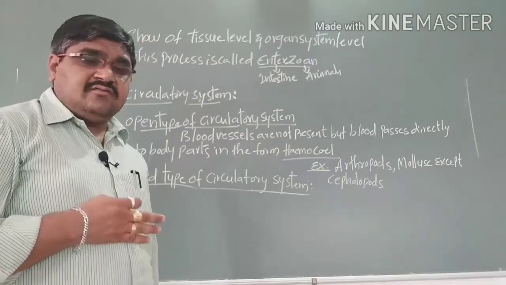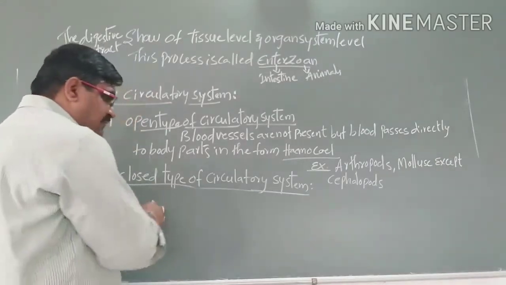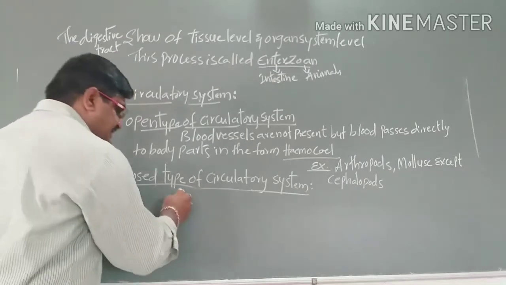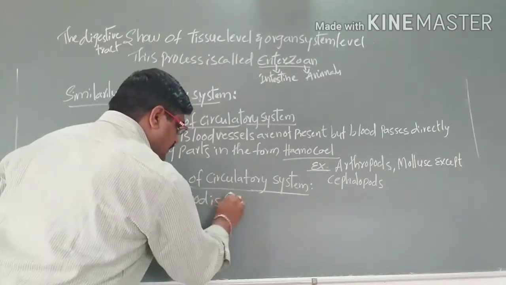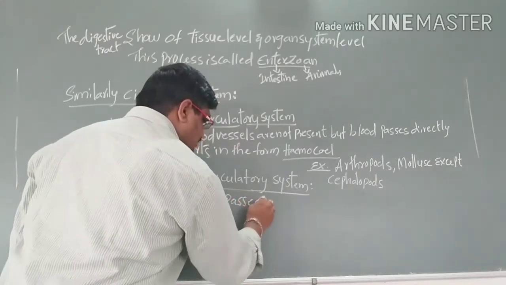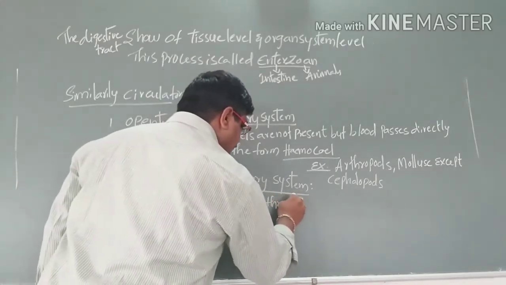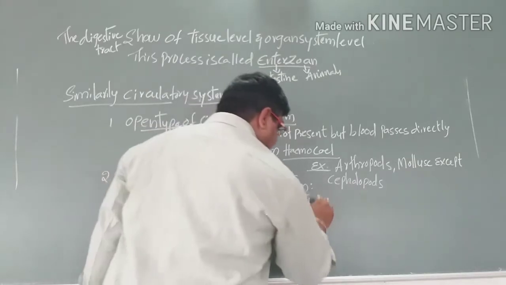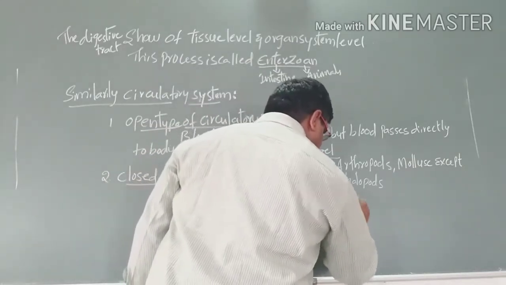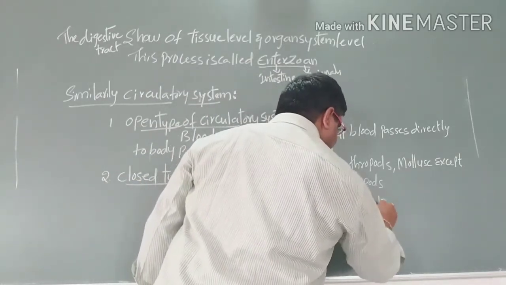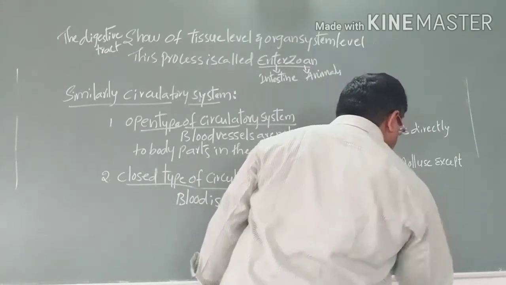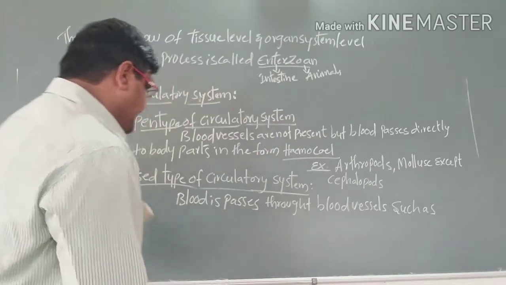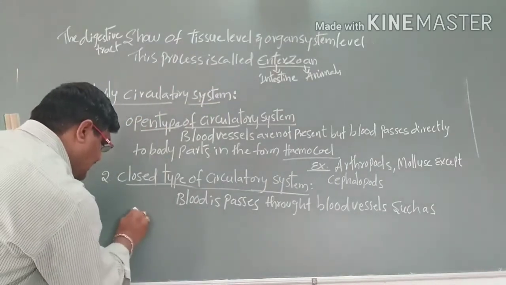Next, the second one is the closed type of circulatory system. Here the blood passes through the blood vessels such as arteries, veins and capillaries.